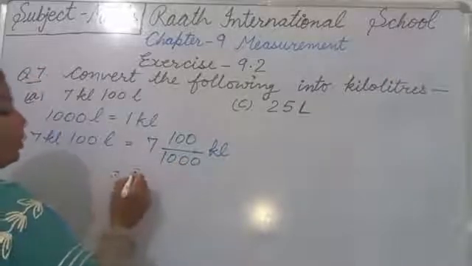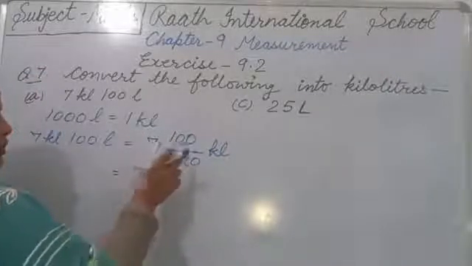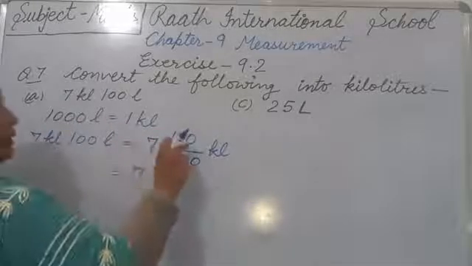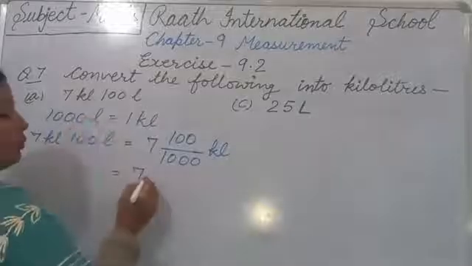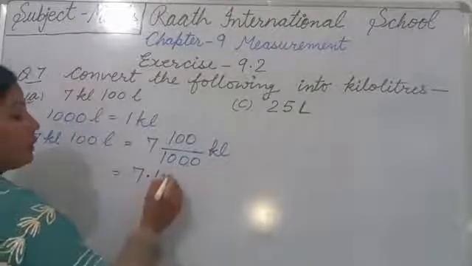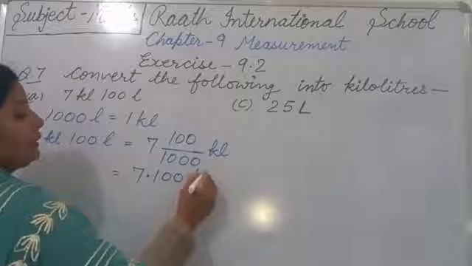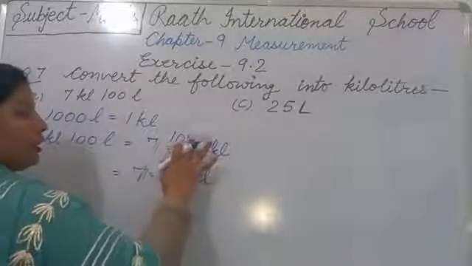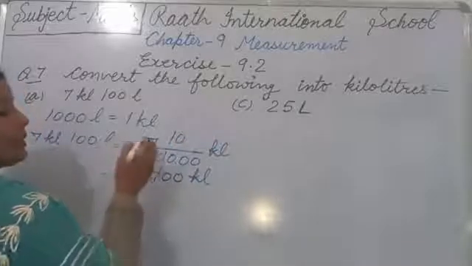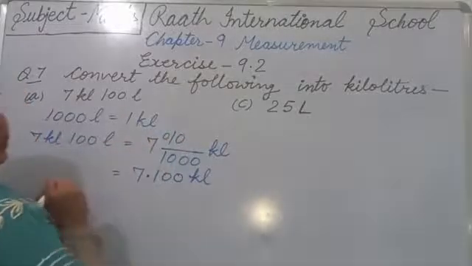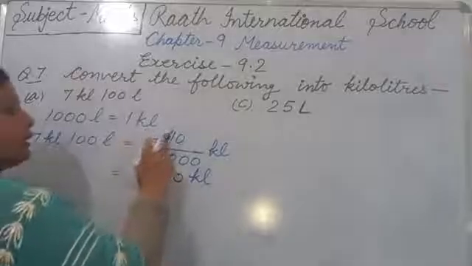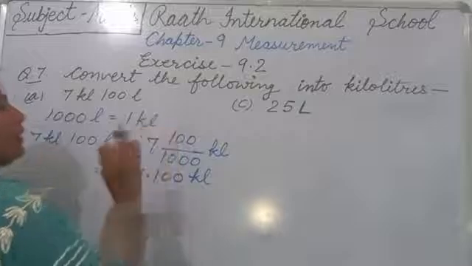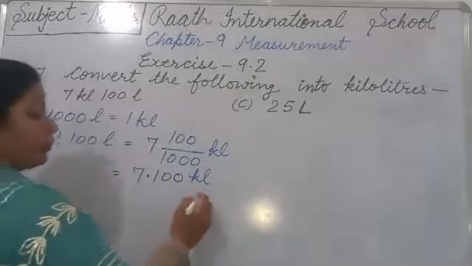So 7 is in whole. Now 100 divided by 1000. In 1000 we have 3 zeros, so we will take 3 decimal places. Here is already 1, 2, 3, so we will put here point and 1, 0, 0 kiloliter. If suppose there was 10, how would we make 3 decimal places? Before this we use 0. But there is 100, so write here 100 upon 1000. So this is your answer.